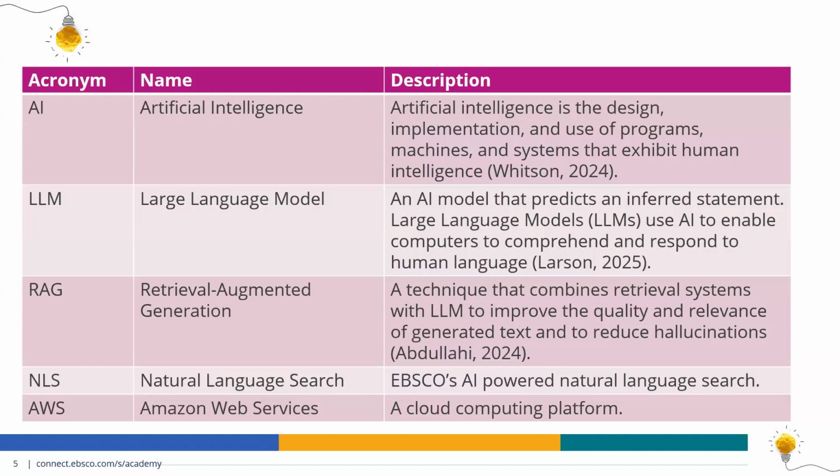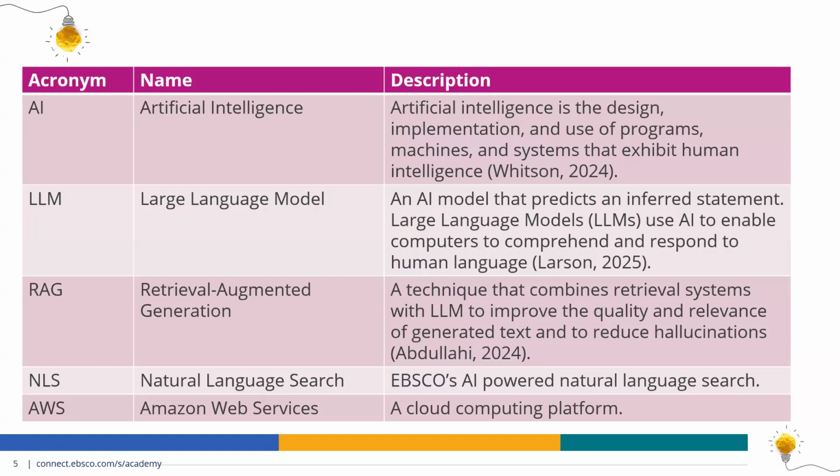RAG is another acronym that you might hear when referring to EBSCO's AI. This stands for Retrieval Augmented Generation. And it's a technique that combines retrieval systems like EBSCO with LLM to improve the quality and relevance of generated text and to reduce hallucinations, which can be inherent in some AI tools.